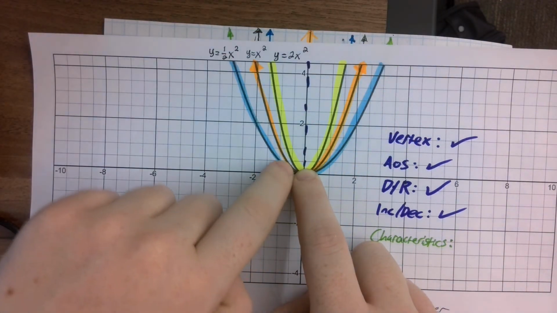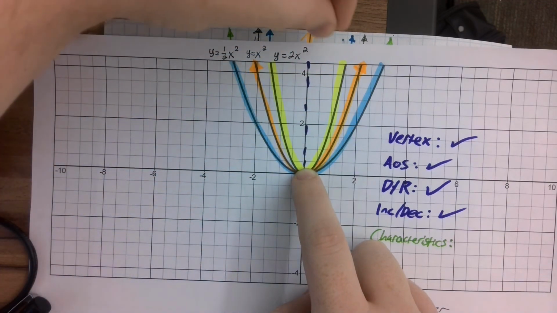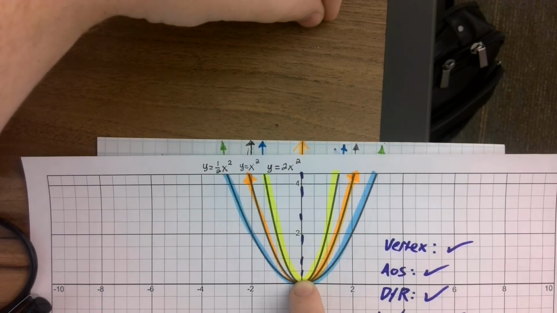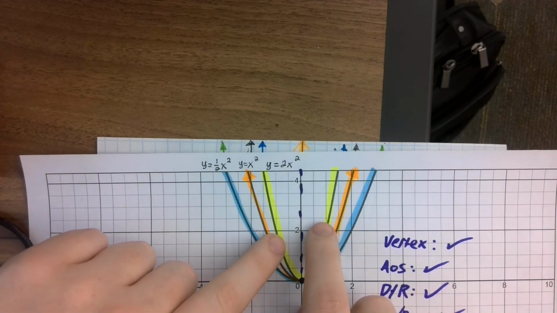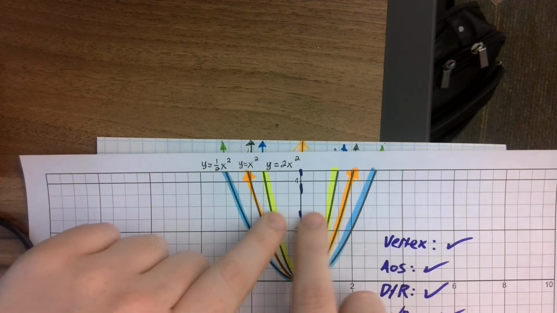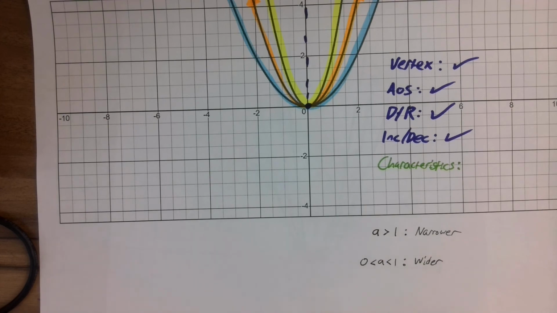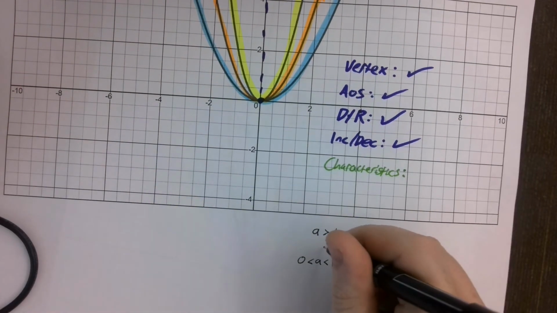What happens? Well, the rubber band is going to get skinnier and skinnier as I keep pulling on it. This is why it gets narrower. We call this pulling of the rubber band, where it makes the graph skinnier, a vertical stretch.